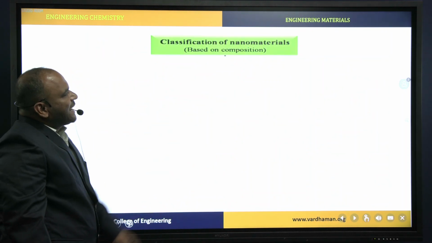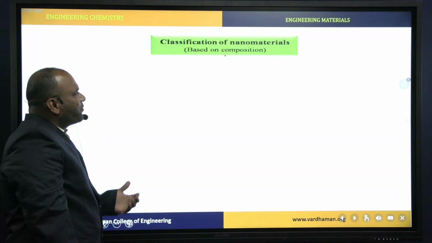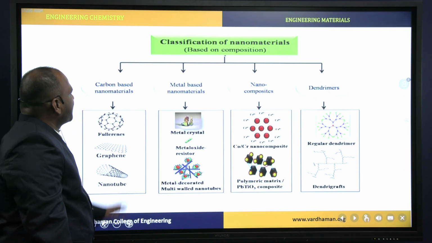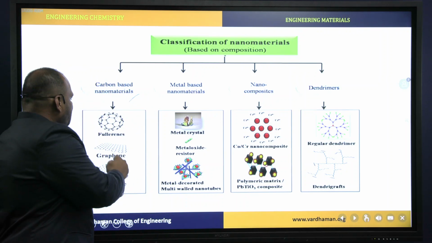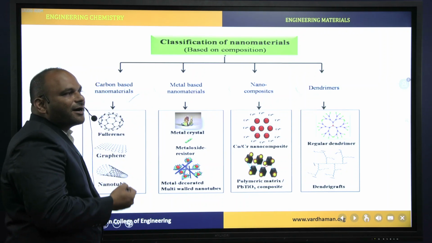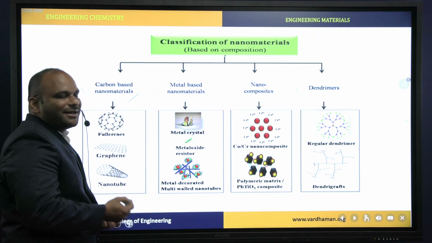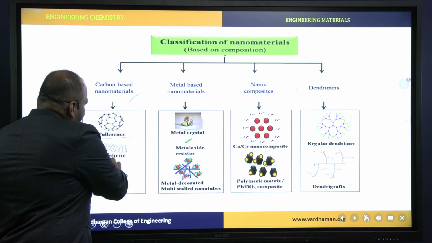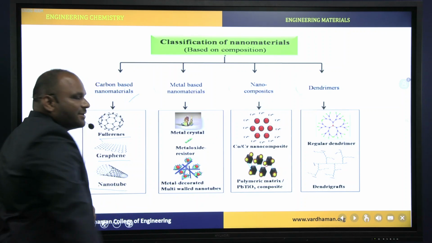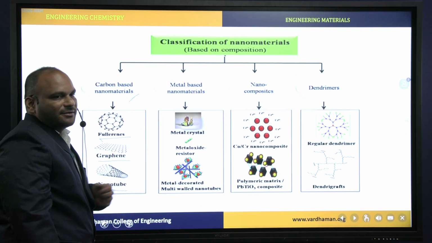Next, classification of nanomaterials based on their composition. Carbon-based nanomaterials: the materials which are made of carbon or carbon containing compounds. Examples are fullerene, graphene, nanotubes. These are all made up of carbon.